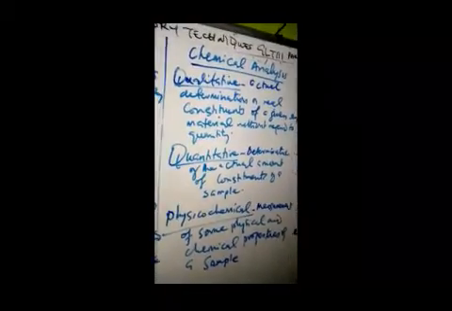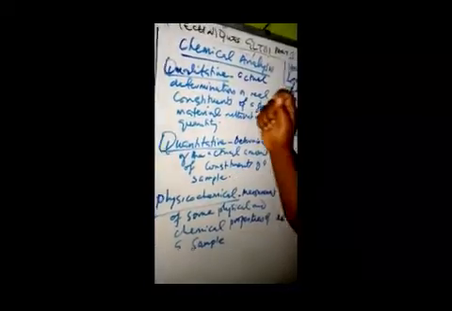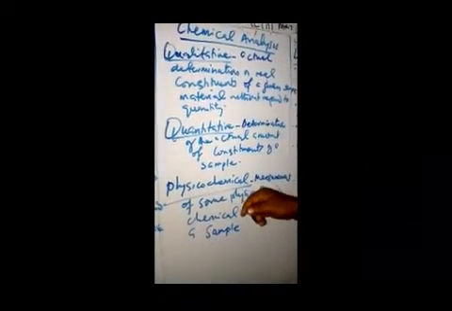You determine the real constituents of a given sample material without regard to what? Quantity. You are just looking at what? The constituents. But you are not interested in the quantity of the what? Constituents.